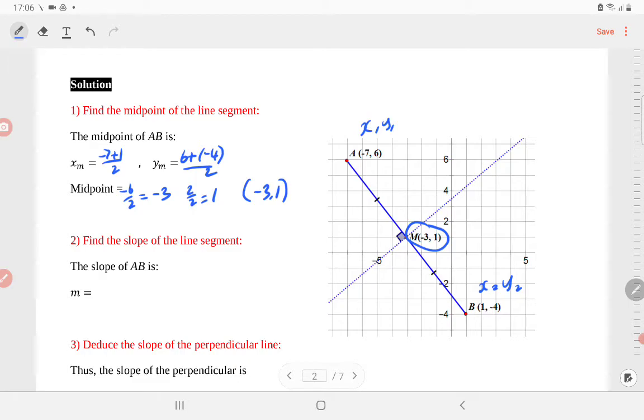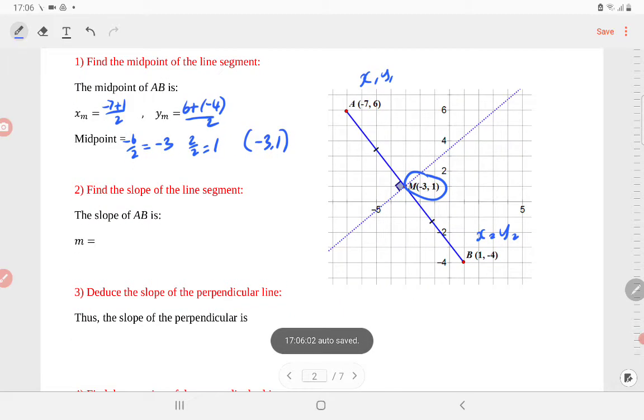Okay, the second step is to find the slope of your line. So the line is AB. We've got y2 minus y1 on x2 minus x1. Y on the top, x on the bottom.